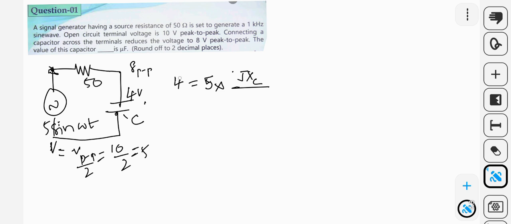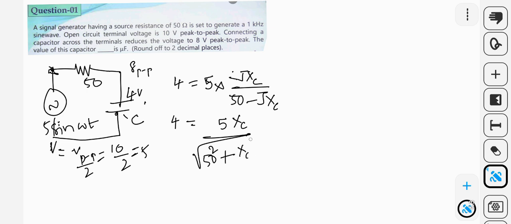For the source we have 50, so 50 minus jXc, but we are going to deal with only the magnitudes. So it's going to be 5 Xc divided by the square root of 50 squared plus Xc squared.